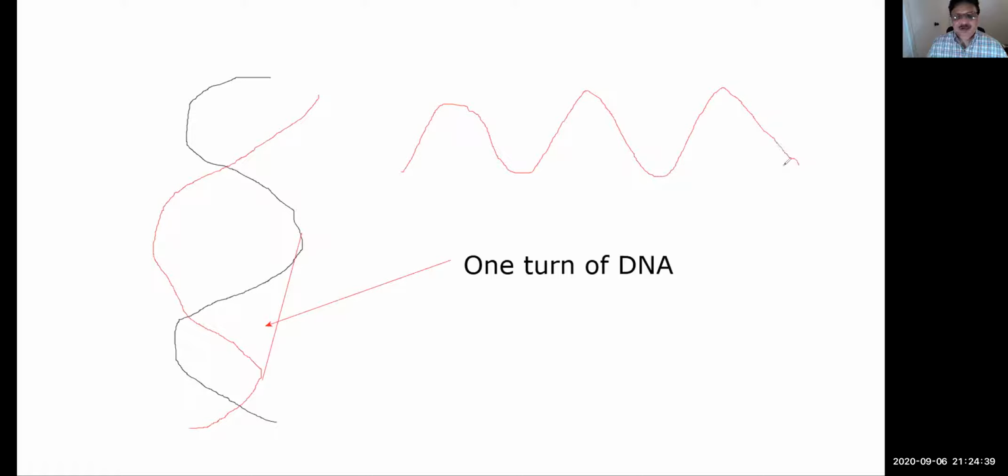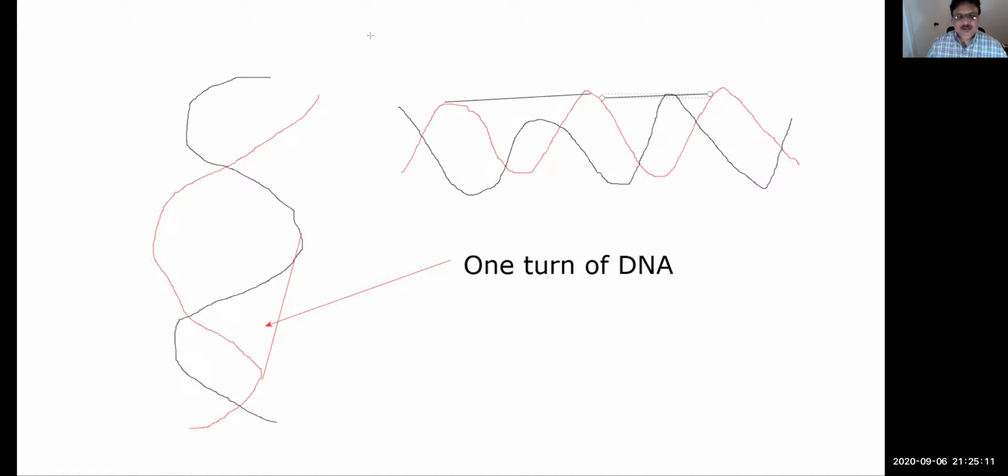This is a single strand. The second strand would go like this. So the distance from here to here is one turn, and then from here, the second turn.